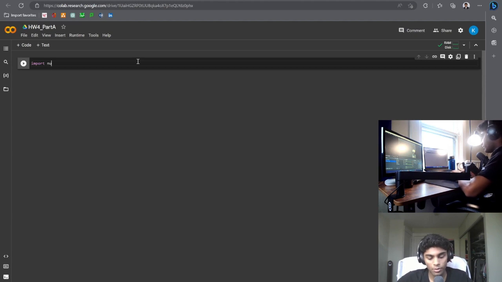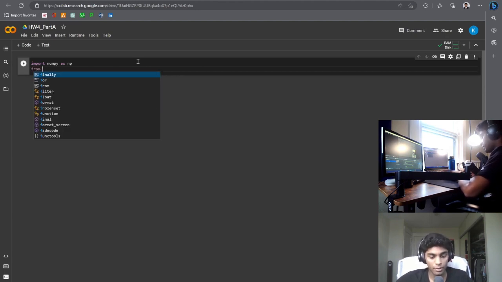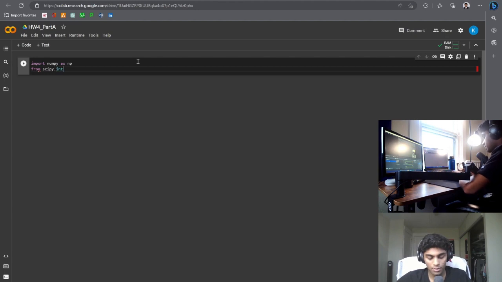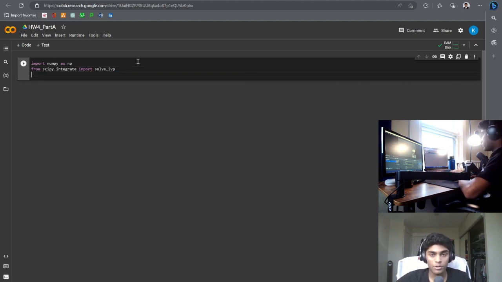So we're going to import numpy as np. And then we're also going to take from the scipy.integrate library, we're going to import solve IVP, and that's what's going to give us our initial value problem solution.